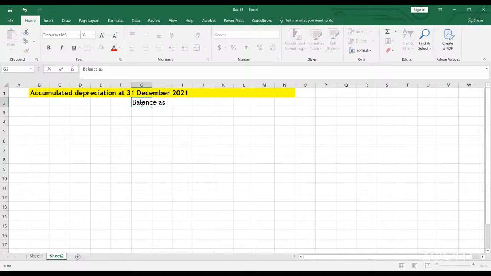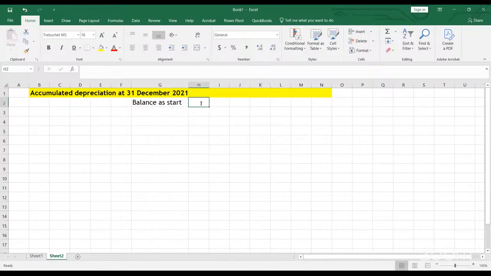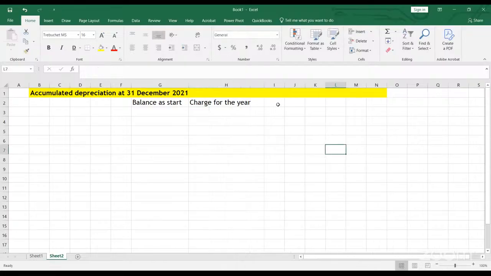Remember, is the working for accumulated depreciation clear? I just want to come up with a working, then we just take the final figures. Charge for the year, and then balance at end.